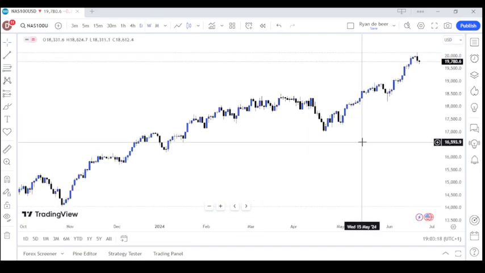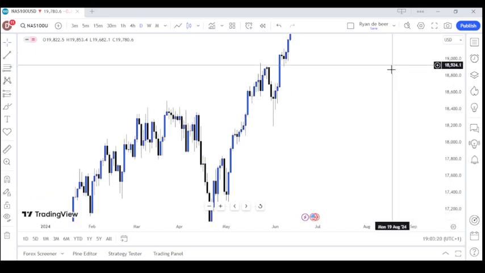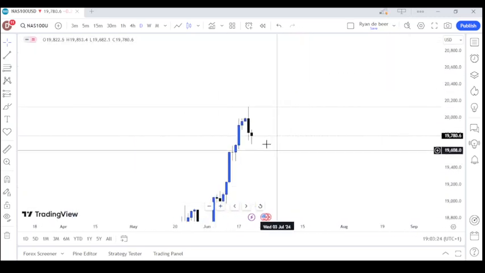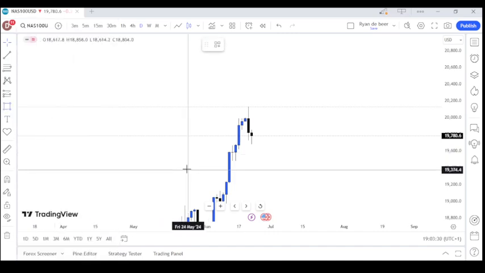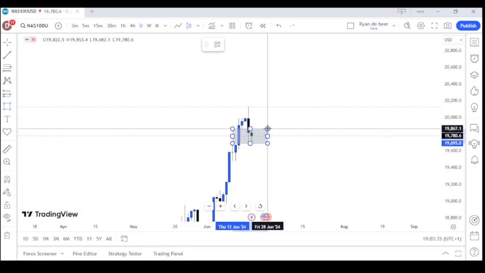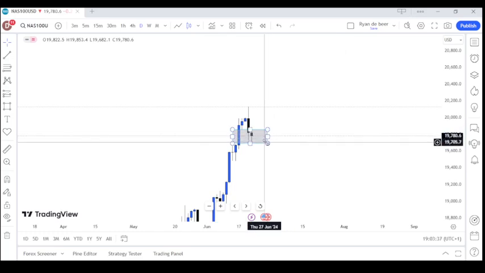Okay, let me go to my daily time frame. You can clearly see that on the daily time frame we did fill in this imbalance over here. Let me just get my rectangle tool, mark that out real quick.